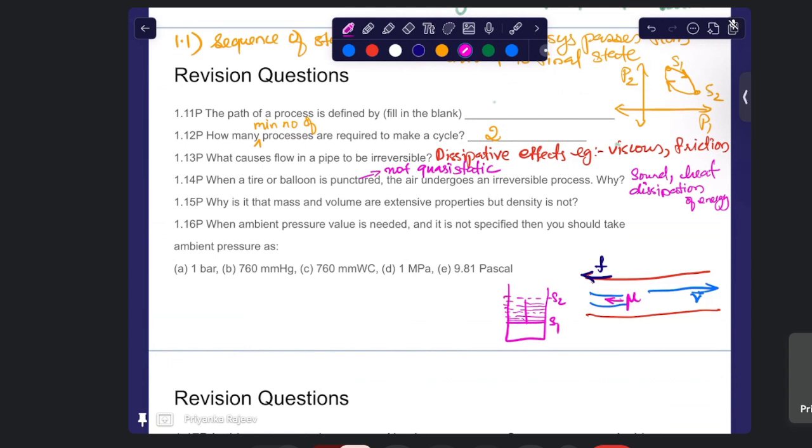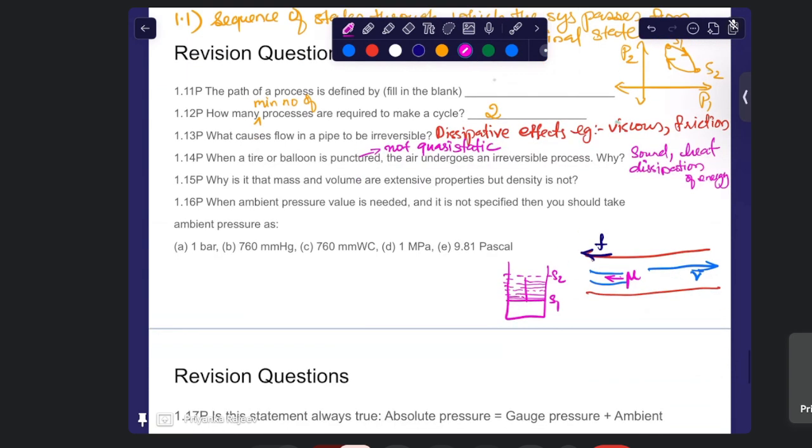Now the next one is, why are mass and volume extensive properties but density is not? Mass and volume depend on the scale or amount of substance. Doubling the amount of the substance doubles mass and volume, so they are extensive properties.